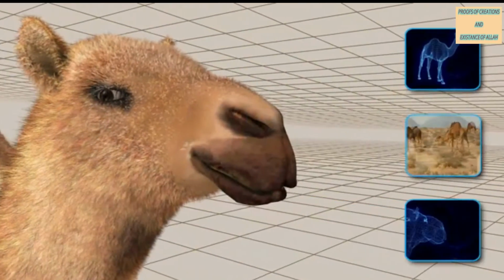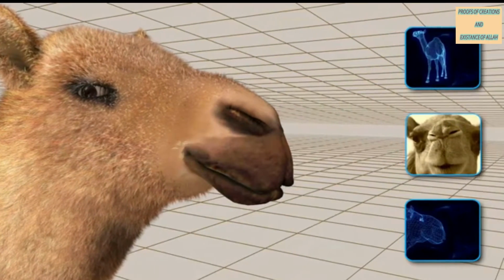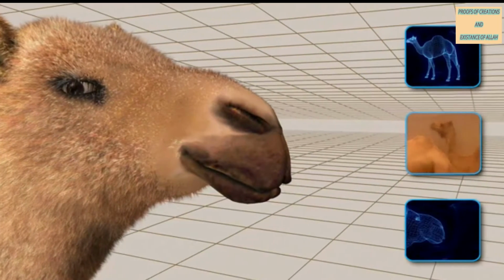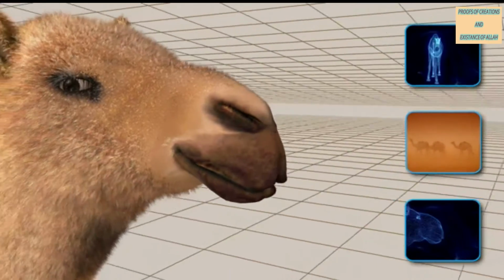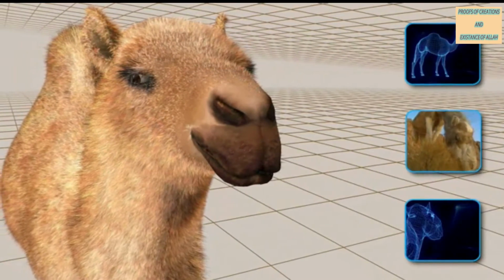The camel's nose was created in such a way that even in the most frightening storms, the camel is still able to breathe easily. Its top lip is cleft, and it allows the camel to eat thorny desert plants.